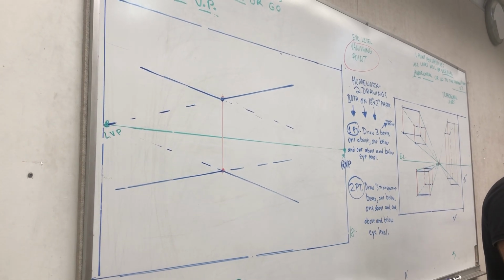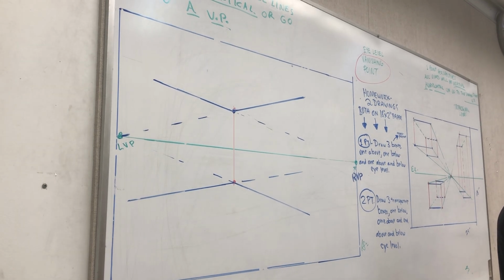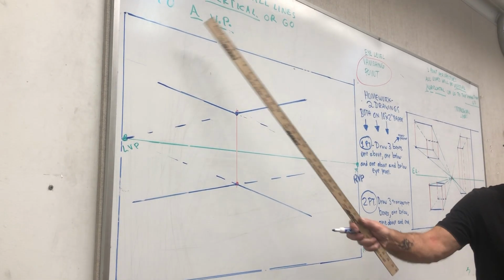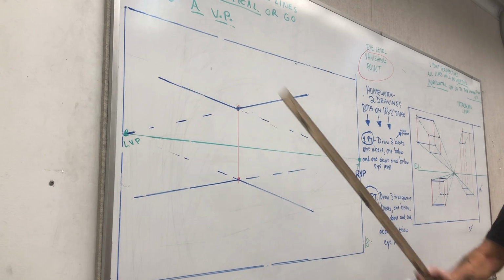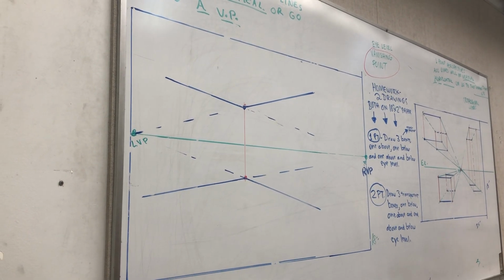Now, if I'm drawing this room, by the way, guys, I most likely have my vanishing points outside of my drawing. I probably have my drawing here. Let's make some parameters right now for that drawing.